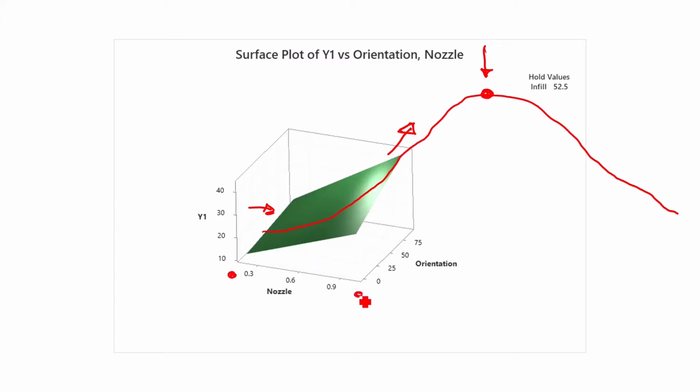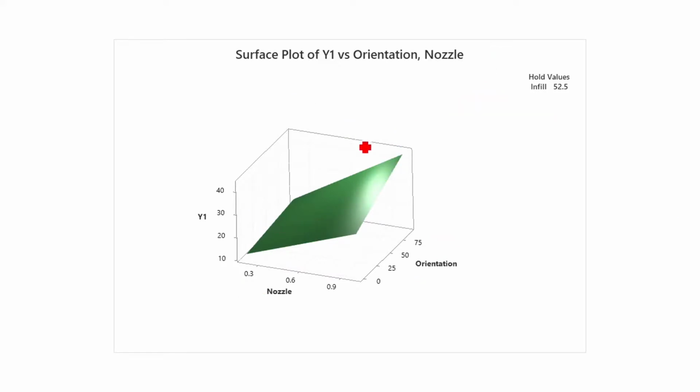So you've gone from here to here, so you've gone on the nozzle diameter 0.2 to 1 millimeter, and you've gone on the orientation 0 to 90 degrees, and that was your initial thoughts on where you'd like to gather information. But of course you didn't know what you were going to see when you gathered this information.